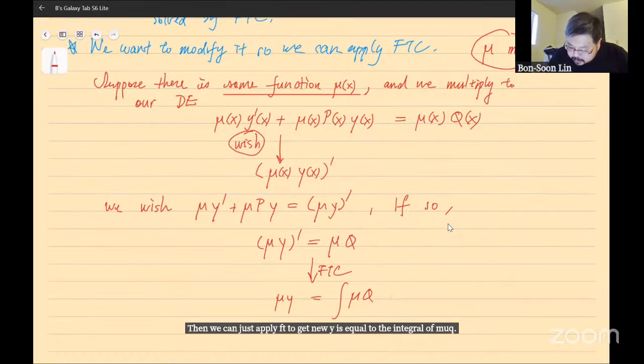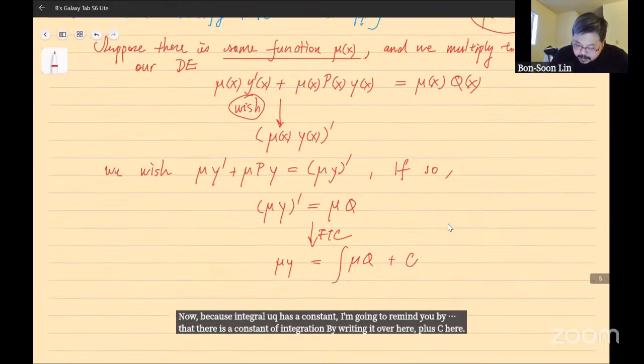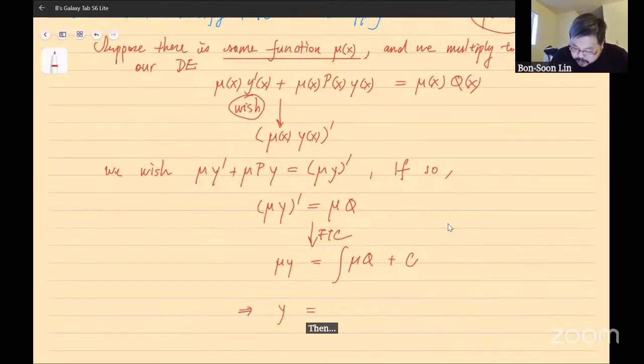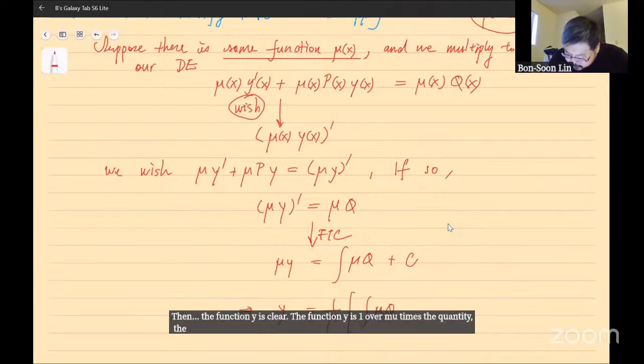Now, because the integral of mu q has a constant, I'm going to remind you by writing that there's a constant of integration over here, plus c. Then the function y is clear. The function y is just 1 over mu times the quantity, the integral of mu q plus a constant c. We have solved it. Ta-da, that's the answer.